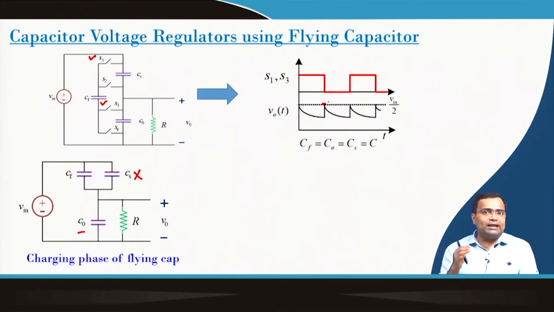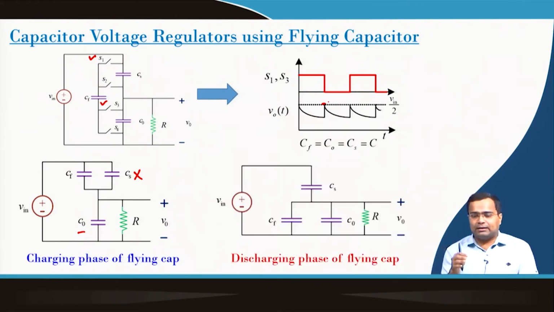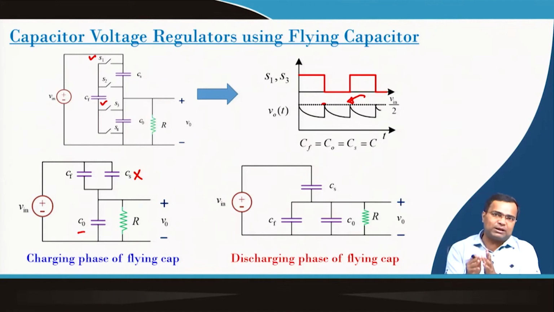So, we need to quickly take this capacitor back and connect to the load capacitor, the output capacitor. Again, when we connect the output capacitor, it will reach Vin by 2, and now the two capacitors, the flying capacitor and the output capacitor, are connected to the load.